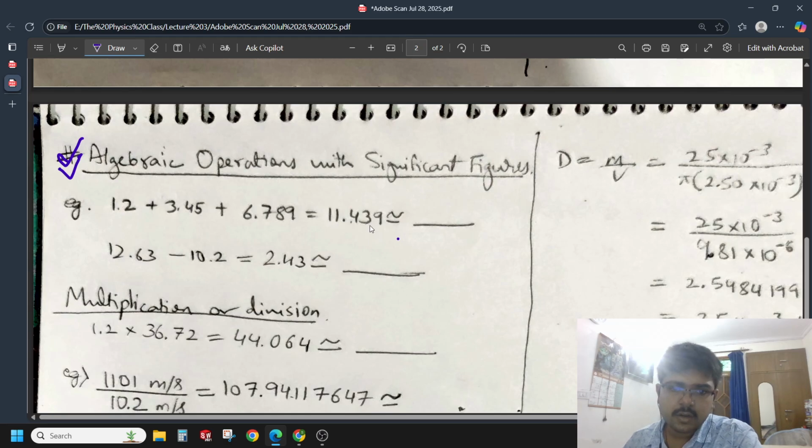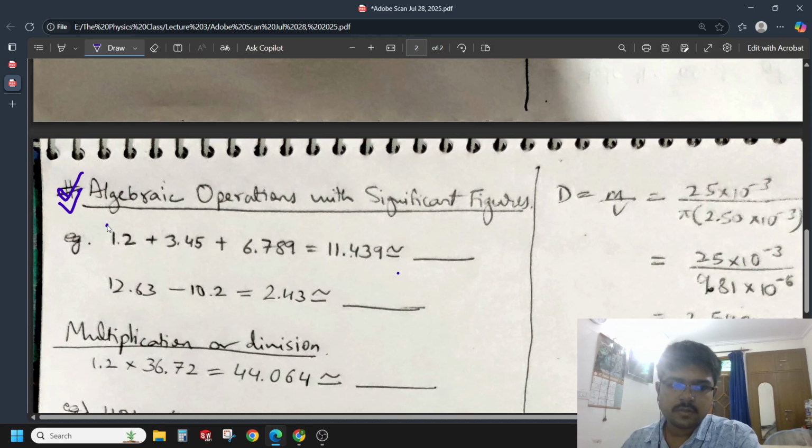But this is not a good answer when 1.2 is given with only two significant figures in this count. The least precise number determines the number of significant figures in which we have to give the answer.